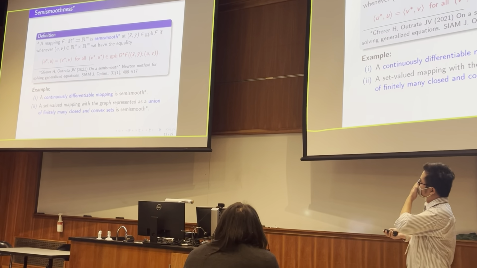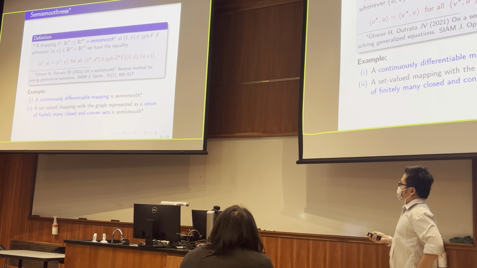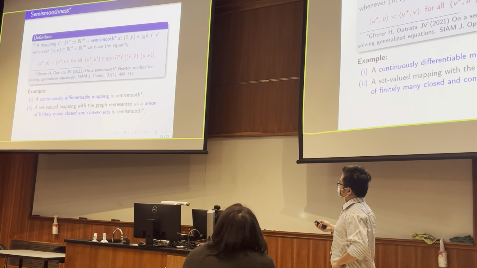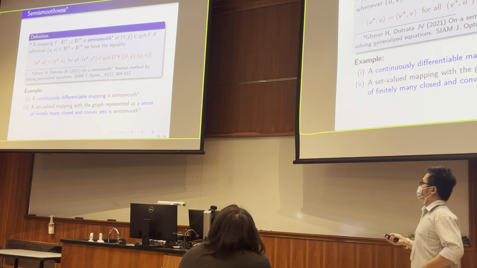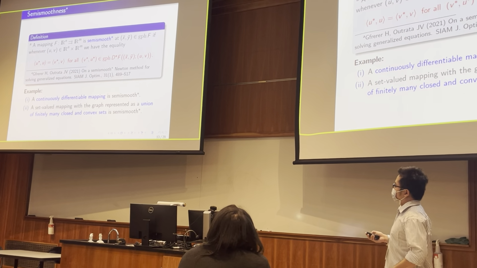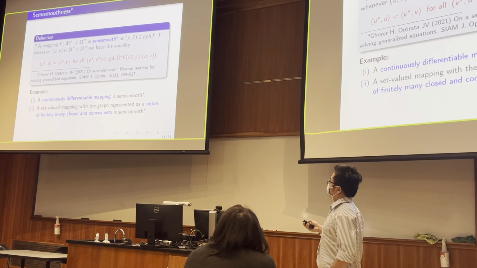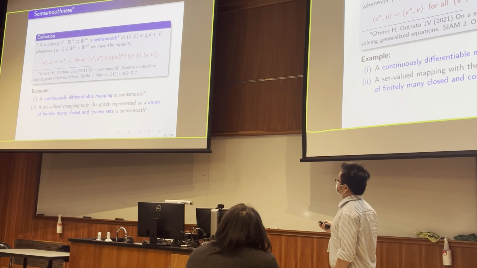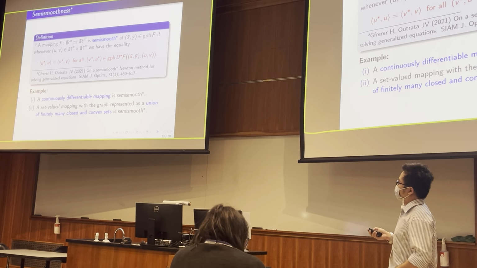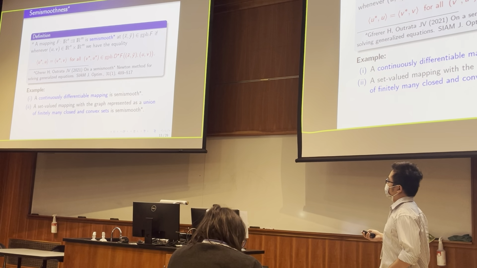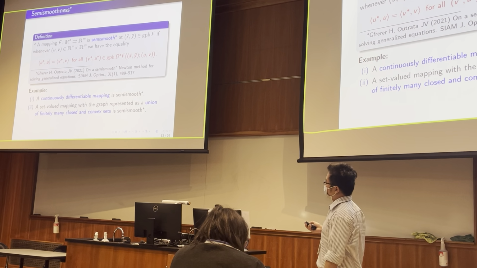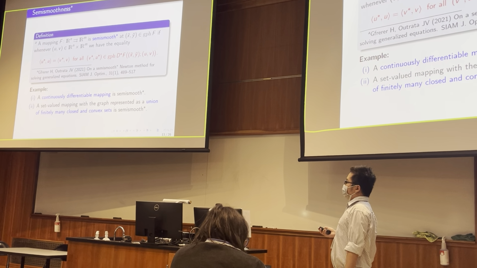Another notion that is very crucial here is semismooth star. This notion was presented in 2019 but published in 2021 in the paper entitled "On a Semismooth* Newton Method for Solving Generalized Equations" by Gfrerer and Outrata.